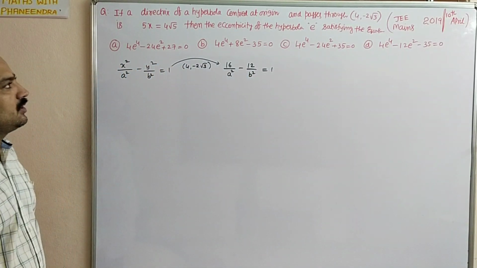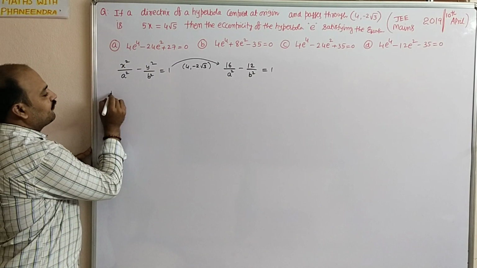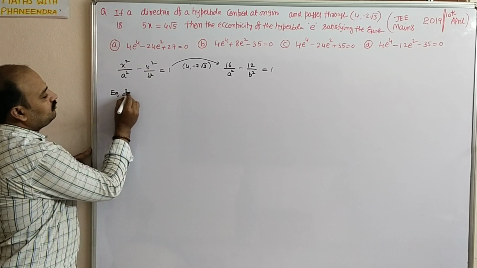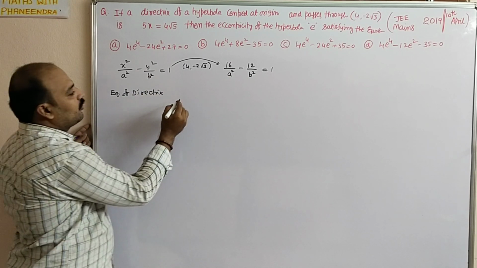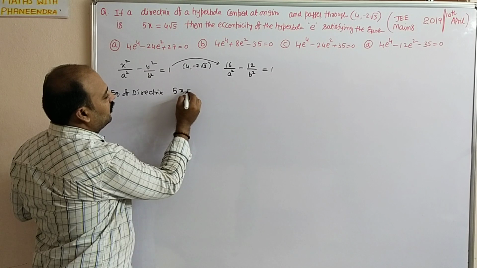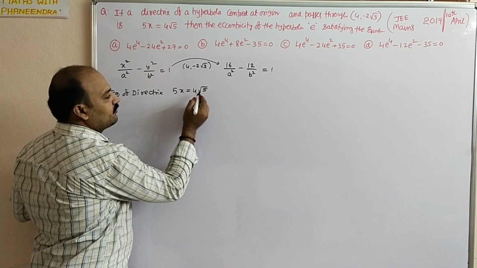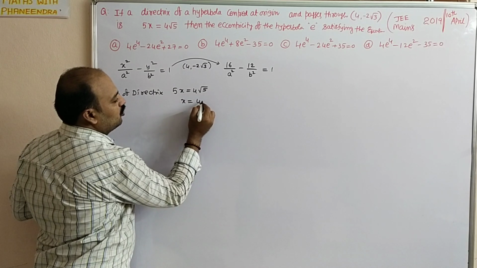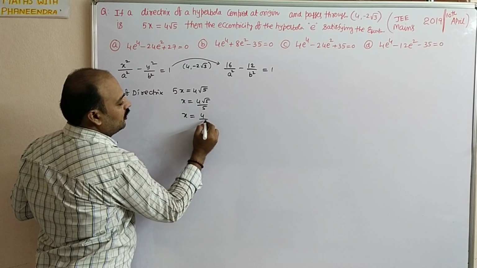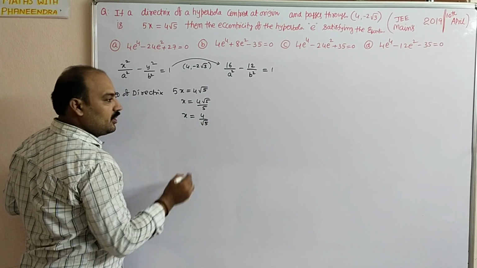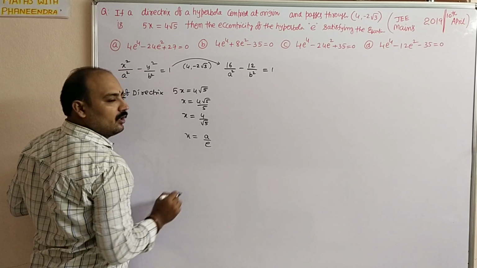Keep it like this. Next, the equation of directrix is given as 5x equal to 4 root 5. So x is equal to 4 root 5 by 5, which we can write as 4 by root 5. The equation of directrix is x equal to a by e, we have the formula.